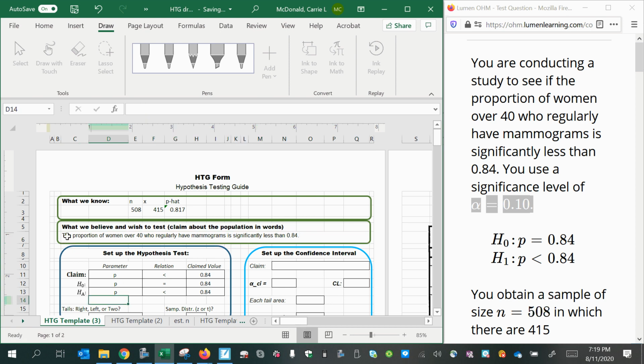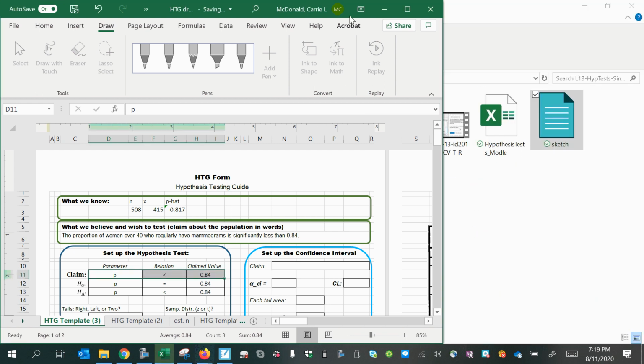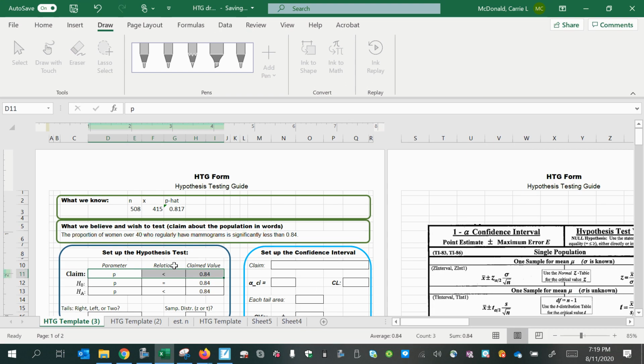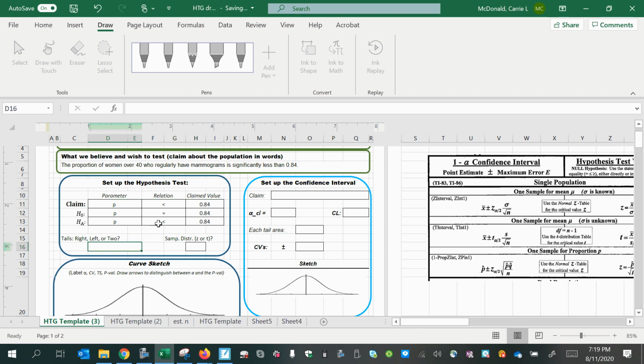All right, so we've taken that claim statement and put it into symbols here. And I think we've used all the information that they've given us. I'm going to go ahead and put that down for now. And this is a left-tailed test because of the symbol in my alternative hypothesis.